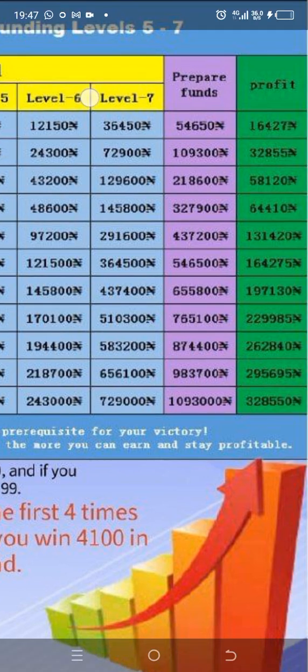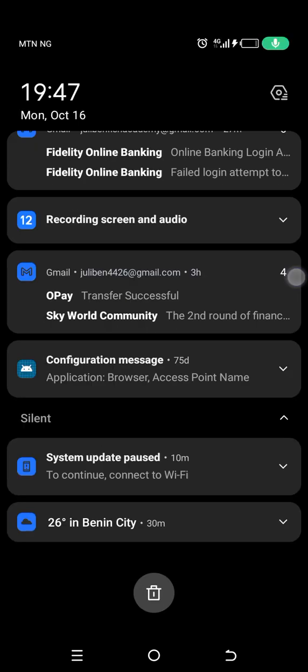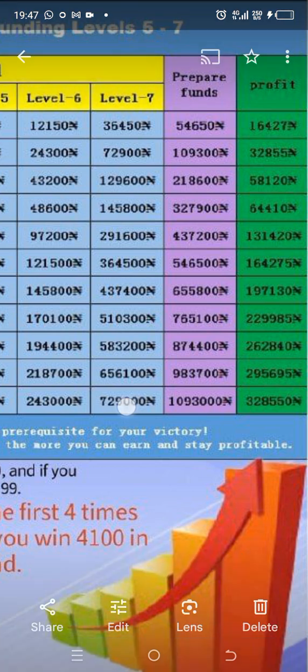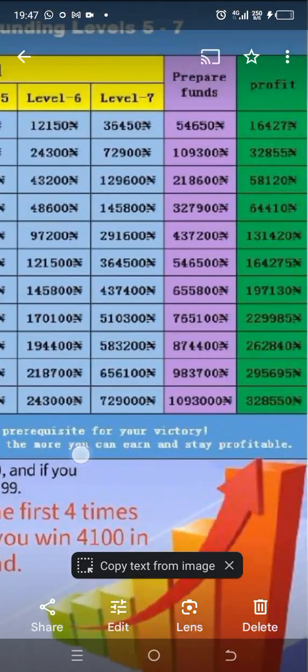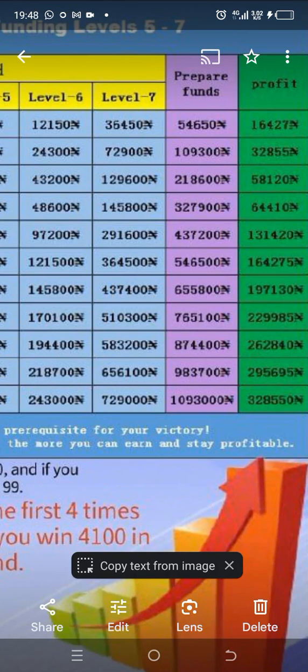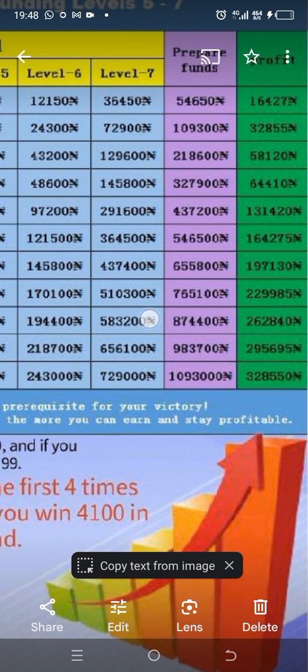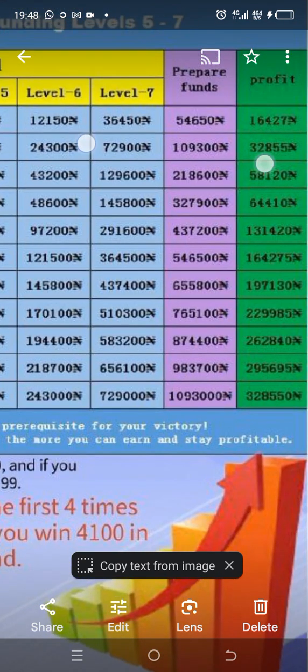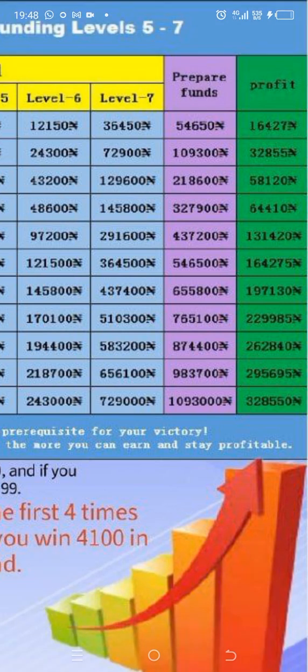At times they do that just to make money for themselves too, because each time we gain they lose, and each time they lose we gain. Somebody expecting to start with 1,000 naira is expected to have about 1.093 million to be able to trade, and this is the profit margin you're going to make, which is about 3.28 million. Now somebody using 15 naira is going to make about 16.4 thousand naira.